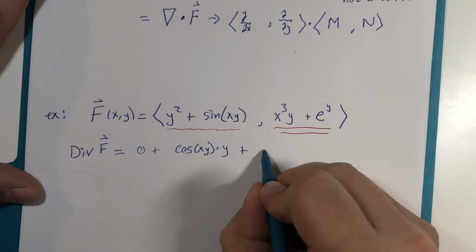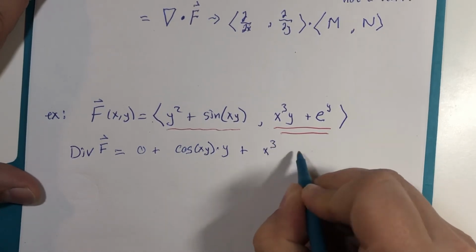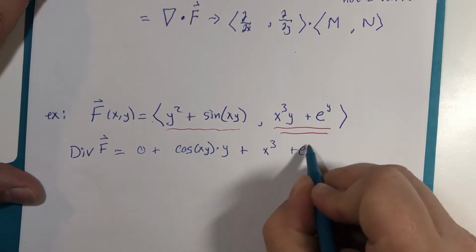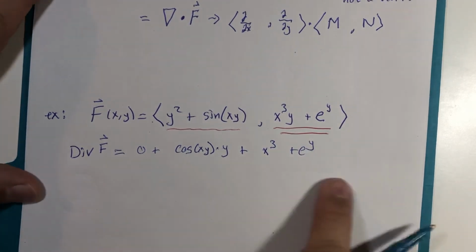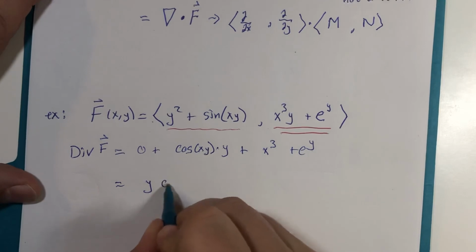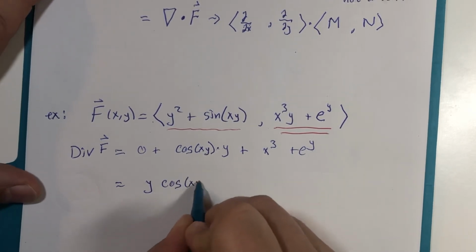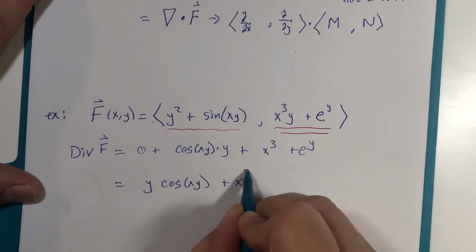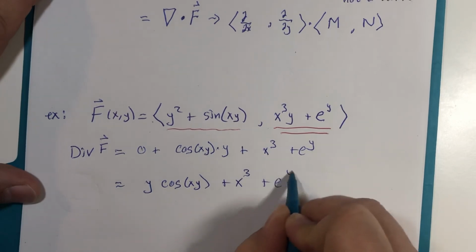That will be x cubed plus e to the y. And if there were like terms, I would combine them together. But I think I'll just close this example by writing it as the sum of three terms.